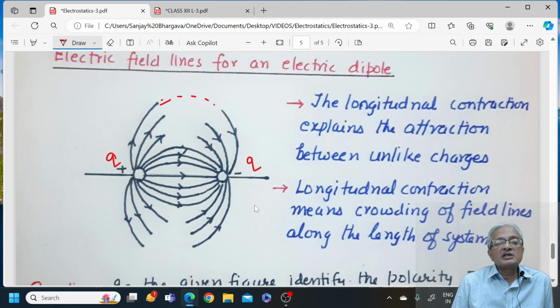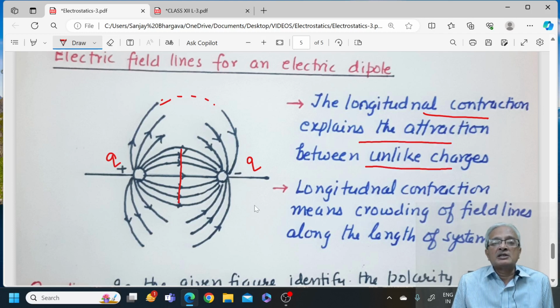Near the axis of the system, maximum field lines are supposed to be crowded. So this is known as longitudinal contraction. The longitudinal contraction explains the attraction between unlike charges. And this longitudinal contraction means the crowding of field lines along the length of the system.